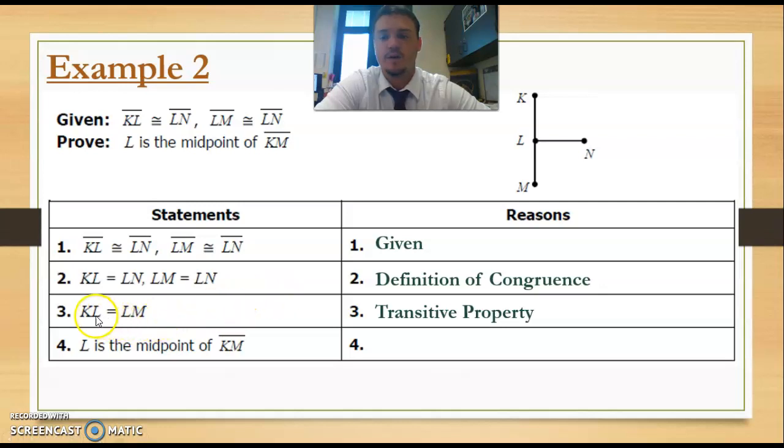Okay, next up, we know that if KL, so K to L, is equal to L to M, they're saying that the distance from K to L is equal to the distance from L to M. That means that L is right in the middle, so L is the midpoint of KM, because we know it's a midpoint if the segments in between those points are congruent or equal. So statement 3 kind of implies statement 4, and statement 4 we know is true because that's what a midpoint is. All right, let's look at example 3.